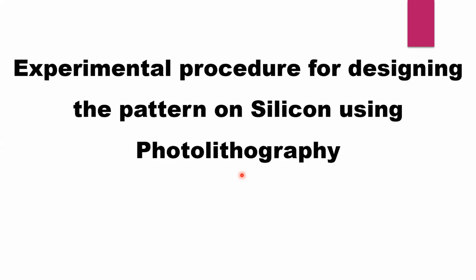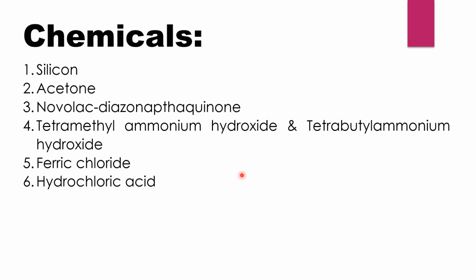first, I will discuss the chemicals required. Mainly six chemicals are required for this experiment. The first one is silicon, followed by acetone, and the third one is the combination of novolac, which is the bakelite polymer, and diazonaphthaquinone.